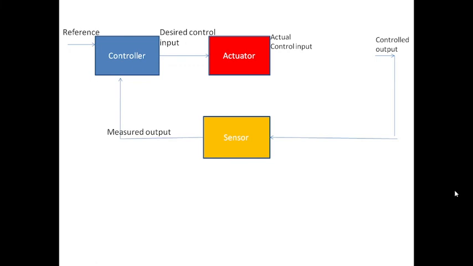Now the actuator gives the output as the actual control input to the plant, which in the previous case was the piping system. The plant now gives the actual control output, and this would be the ideal case, but again there are disturbances to our plants.